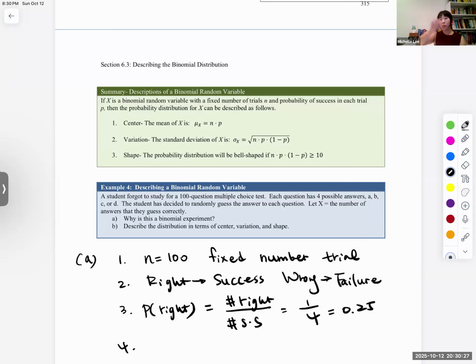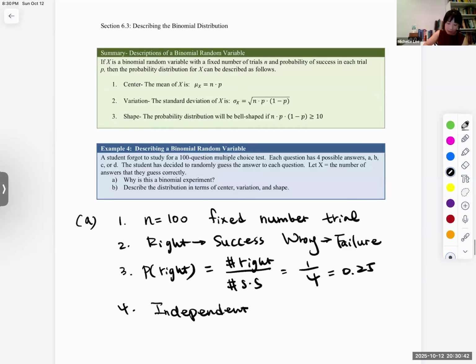So the first outcome does not affect the second outcome, does not affect the third outcome, and vice versa. Yes, independent. So we say that X is a binomial random variable.